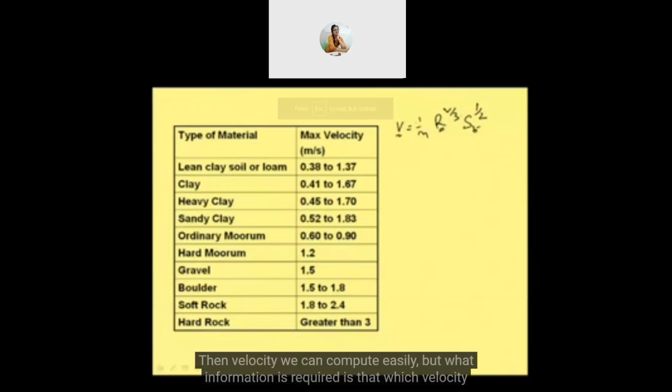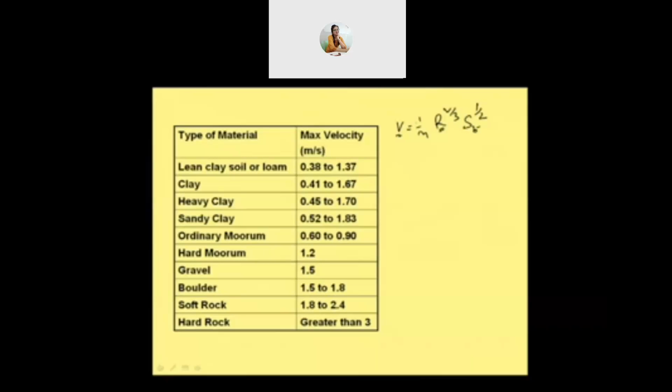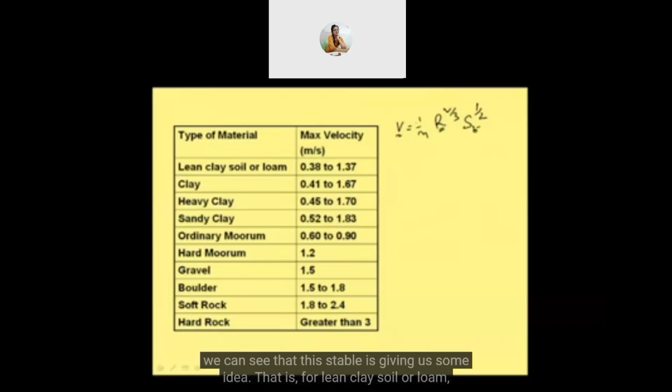But what information is required is which velocity is permissible, or which velocity will remain within limit for a particular material. And we can see that this table is giving us some idea. That is, for lean clay soil or loam, this ranges from 0.38 to 1.37.